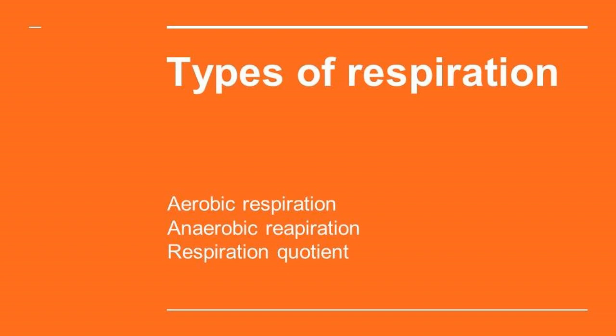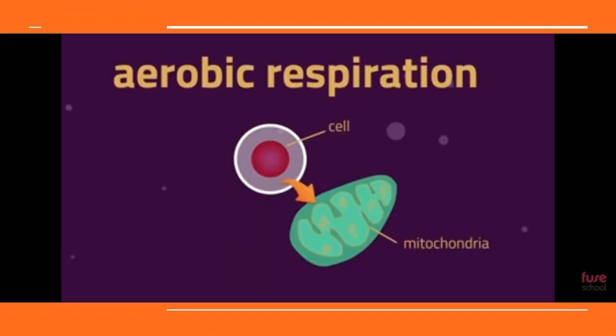Plants obtain oxygen from their environment and release carbon dioxide and water vapor. This exchange of gas is called external respiration, and this is a physical process. The biochemical process that occurs in the cell where food is oxidized to obtain energy is known as cellular respiration.